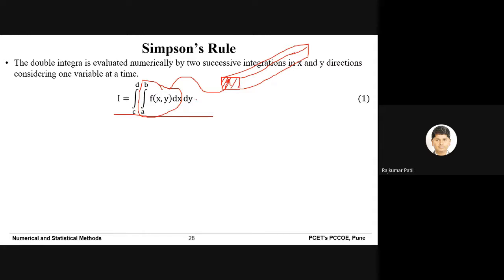Once you do it, there will be a second integration from c to d, and when you take that, you are taking the integration along the length of the shaft. This is how you calculate the area in the first integration, and in the second integration you will be calculating the volume. So this is the basic approach that we discussed previously as well.